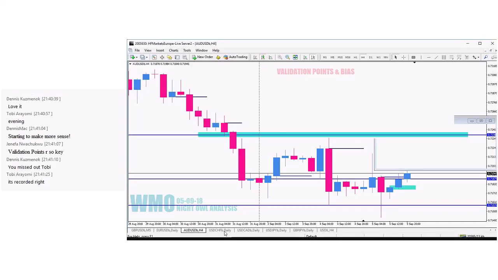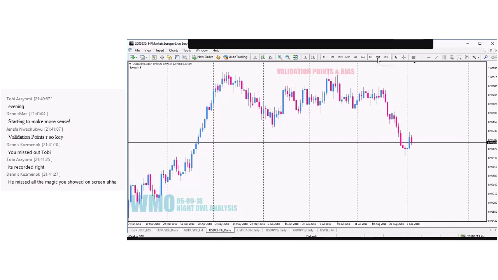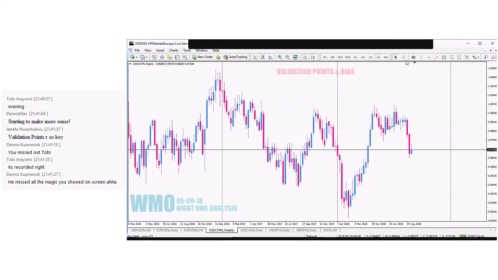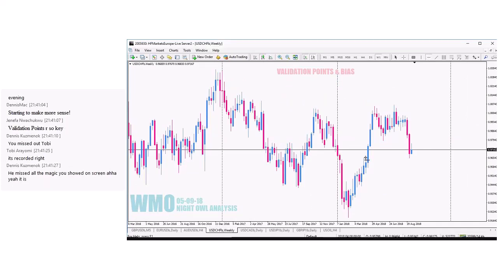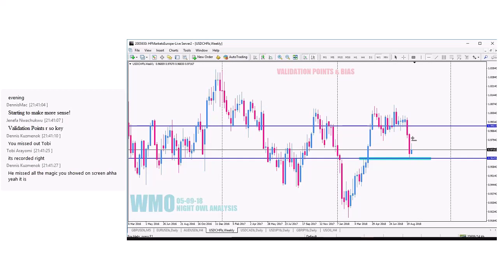Okay, so let me look at other pairs for you guys. Let's go to Chef, and as you can see, Chef is telling us, look at this reaction at the validation point over here. That is just madness, to the peep over here. Look, he's turning, but our bias is telling us south.